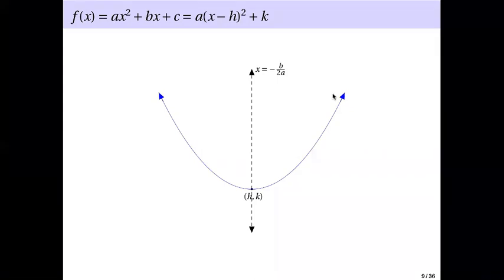So here is the lowest point, the vertex (h, k). And the vertical line passing through that vertex is just x equals h, but your h, again, is negative b over 2a.